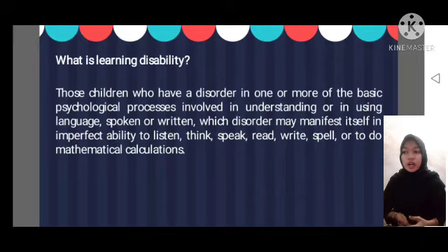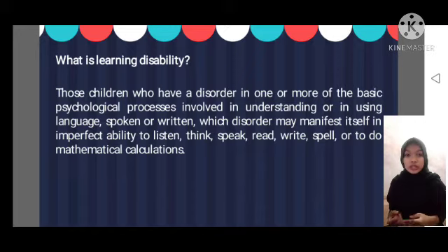Despite the fact that all of the definitions of LD contain references to causes of LD, for example disorders in basic psychological processes, neurological origins, central nervous system dysfunction, and that difficulties in academic areas are often described in medical language, for example, dyslexia, dyscalculia, and dysgraphia, these factors rarely, if ever, play a role in diagnosis.